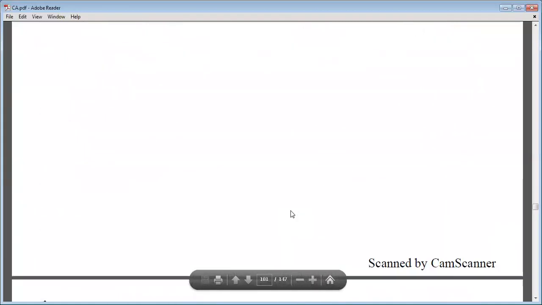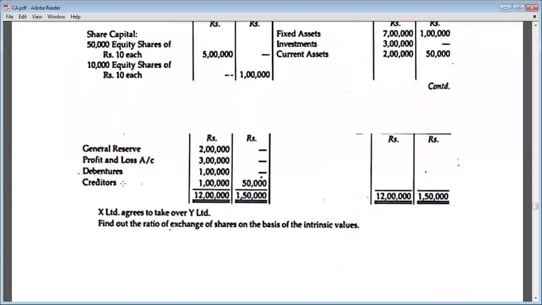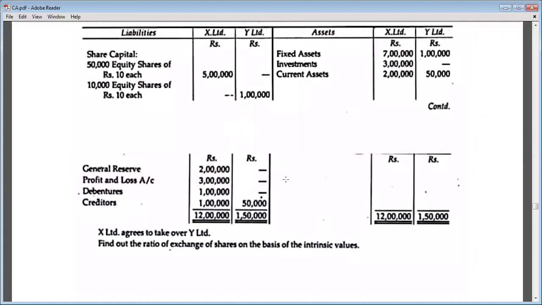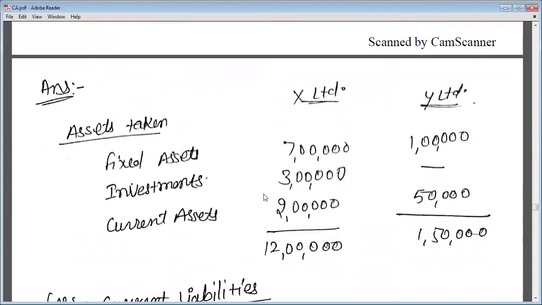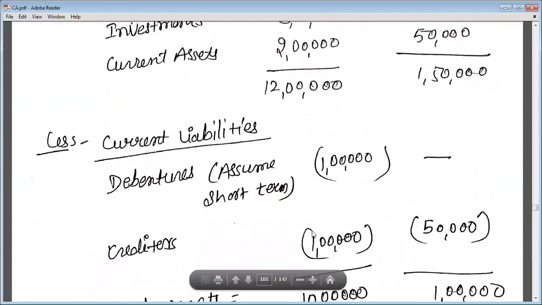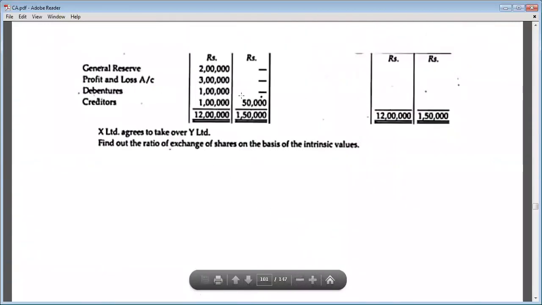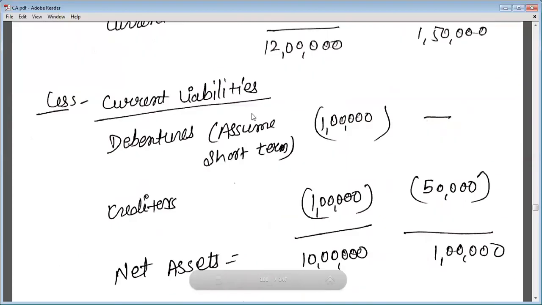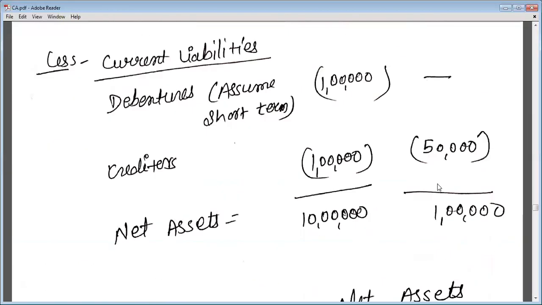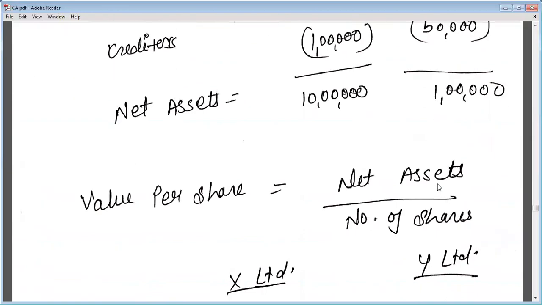Debentures are only in X Limited; there are no debentures in Y Limited. So in X Limited, we will deduct 1 lakh rupees, and for creditors 1 lakh and 50,000 will be deducted. Okay. So net assets are 10 lakh for X Limited and 1 lakh for Y Limited.